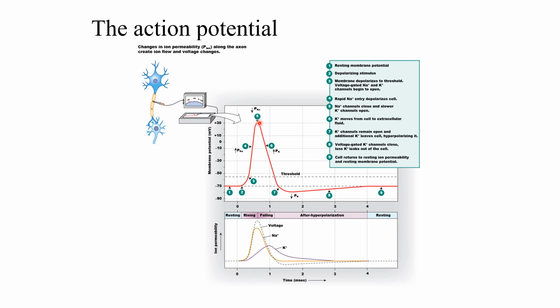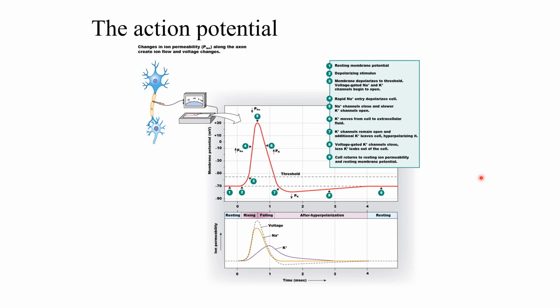Once you hit positive 30, sodium channels close, potassium channels open, and potassium starts rushing out of the cell, and keeps rushing out to the point that the cell hyperpolarizes. Then potassium channels close and the membrane potential repolarizes, going back to -70 millivolts.